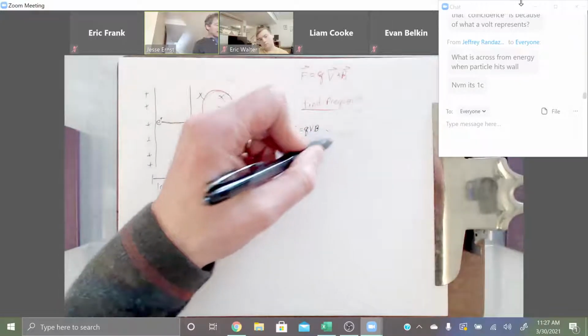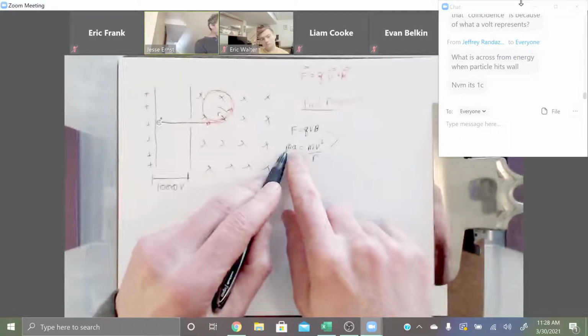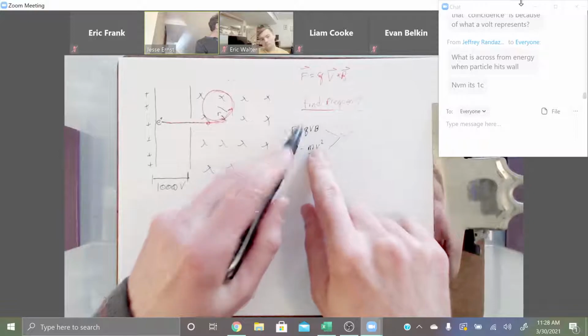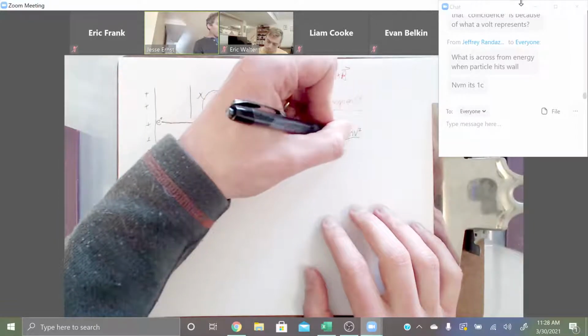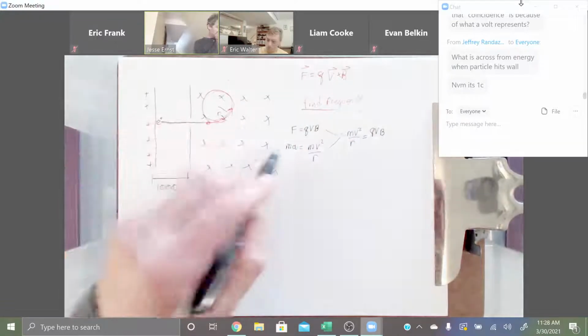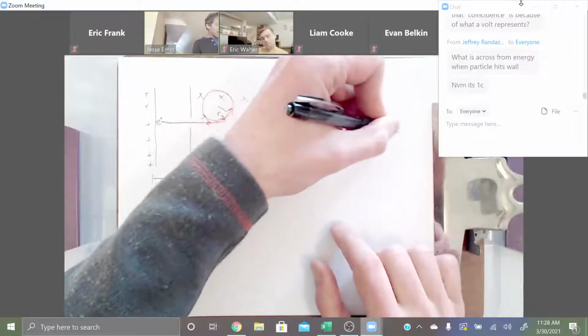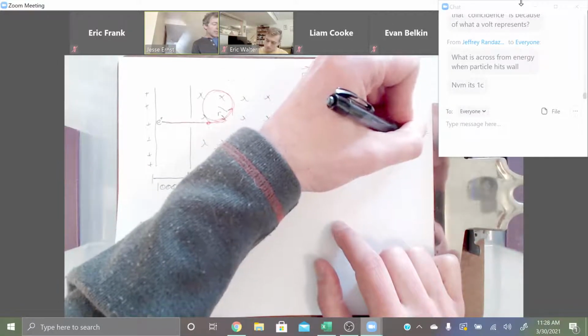This is just rederiving what we did before, equating force and ma. Setting these two equal gives mv squared over r equals qvb, and that tells us that r is equal to mv over qb.